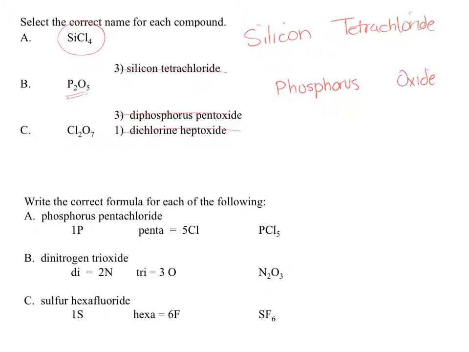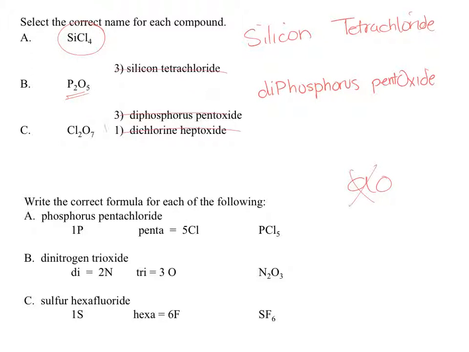And then our prefixes. I have 2 phosphorus, so diphosphorus. I have 5 oxygen, so pentoxide. And you'll notice when there's a penta or a tetra next to an O for oxygen, we don't usually put an A next to an O, and in fact the A will drop off. So it's pentoxide or tetroxide, things like that.